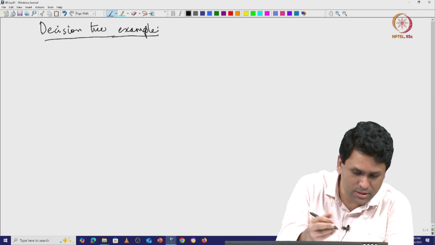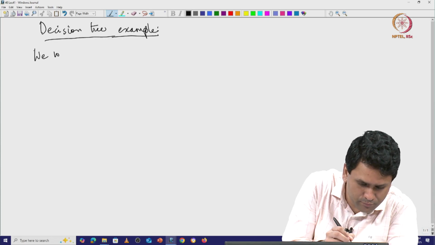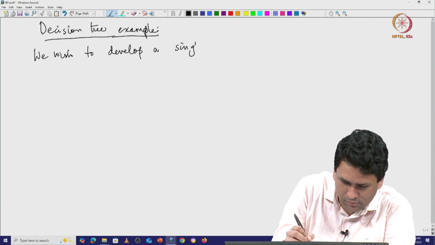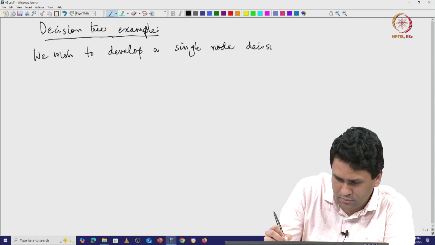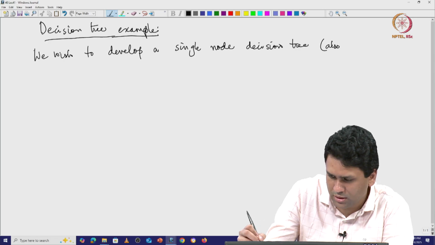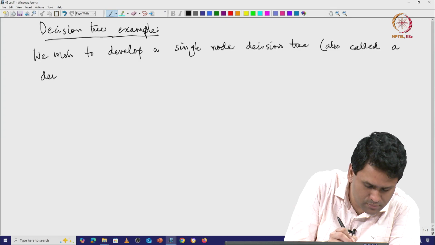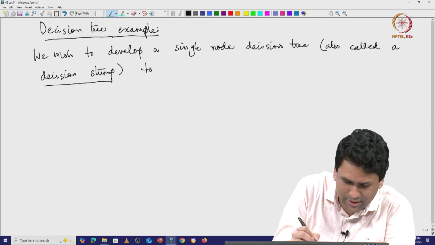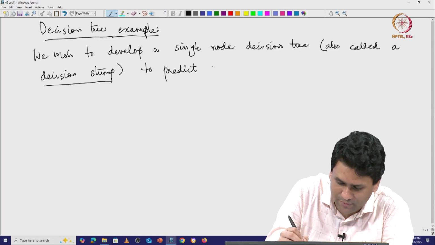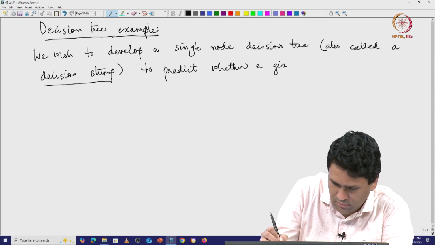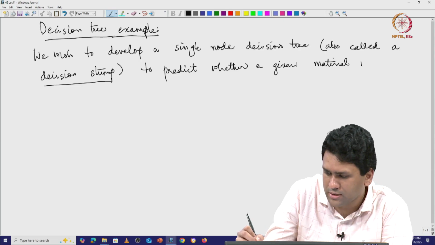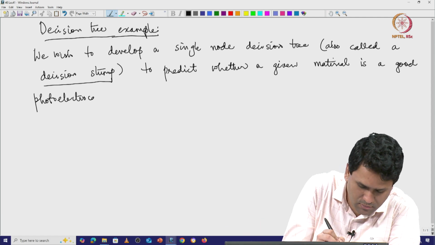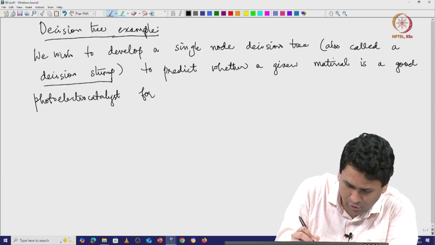And what we wish to do here is develop a single node decision tree, which is also called a decision stump, to predict whether a given material is a good photoelectrocatalyst for water splitting.